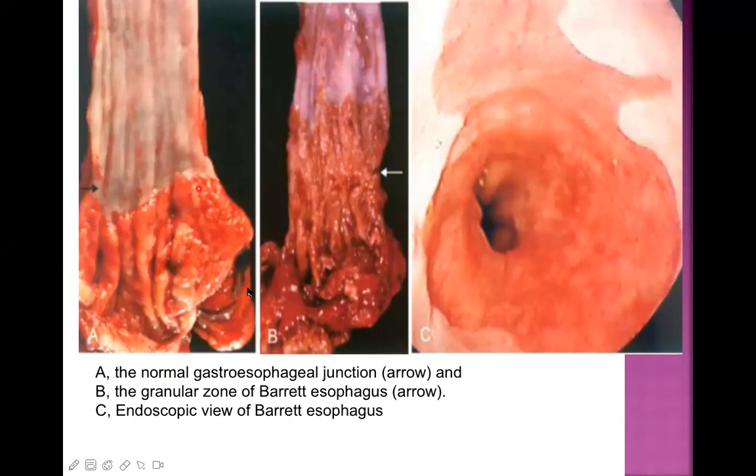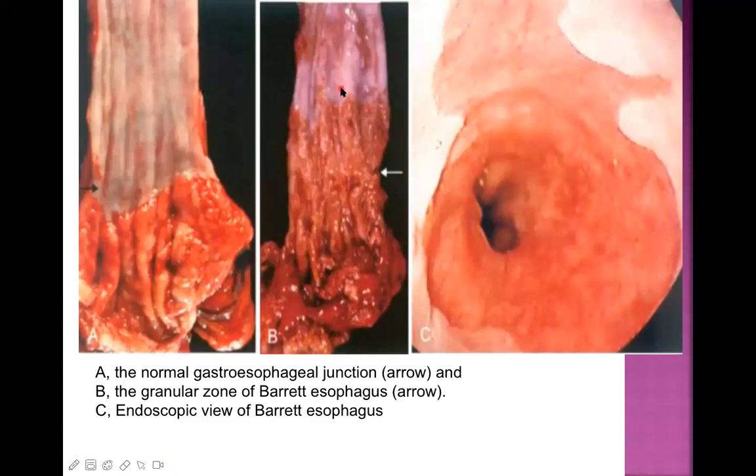Now, because of chronic reflux of acid from the stomach upwards, look at this. This arrowed area is the normal gastroesophageal junction, but in this case the gastroesophageal junction has moved way up. This whole area is called metaplasia, because earlier this type of epithelium was present here. Now it is converted into red looking epithelium.